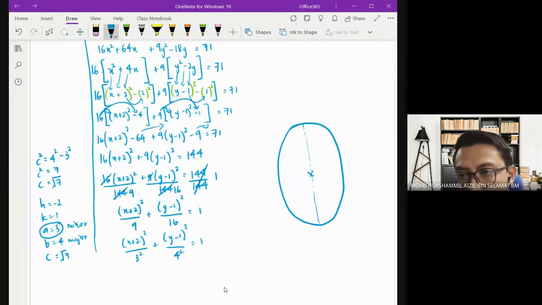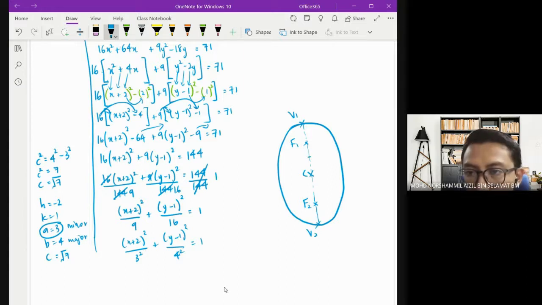Somewhere in the middle will be your center. So here will be your foci. Foci 1. Vertex 1. Saya sentiasa yang atas ataupun yang kanan saya akan label dia sebagai 1. So ni foci 2. So this one is V2.